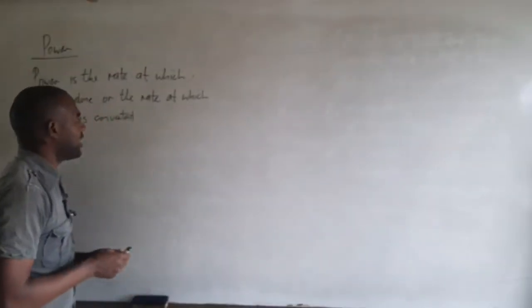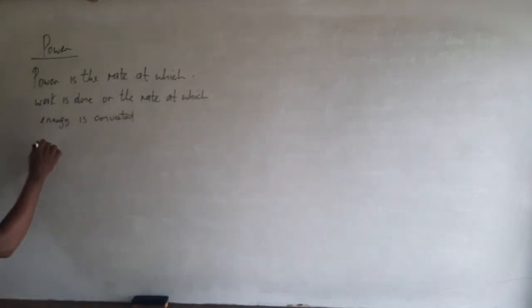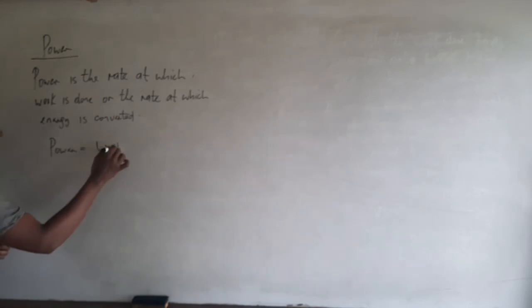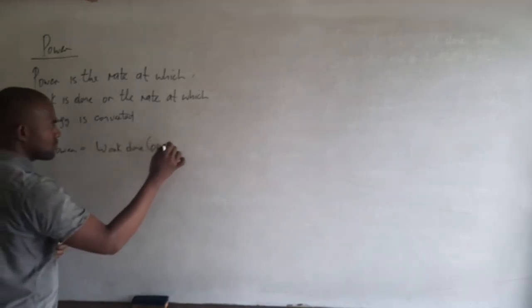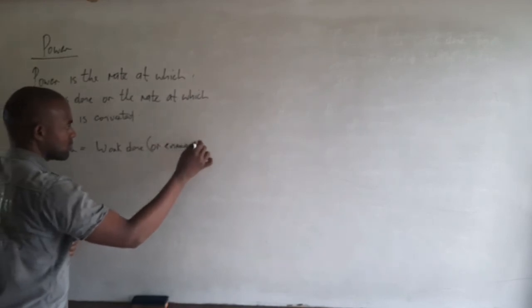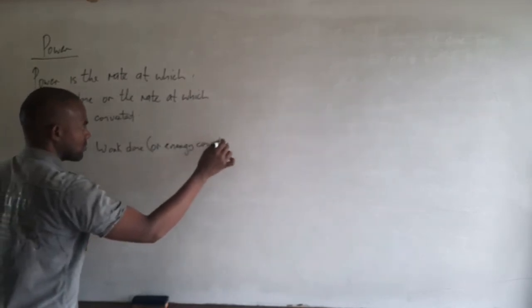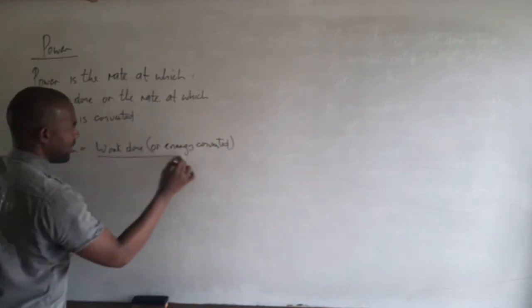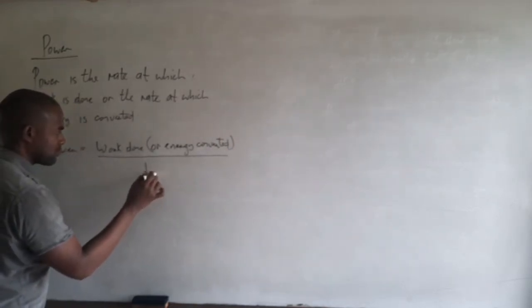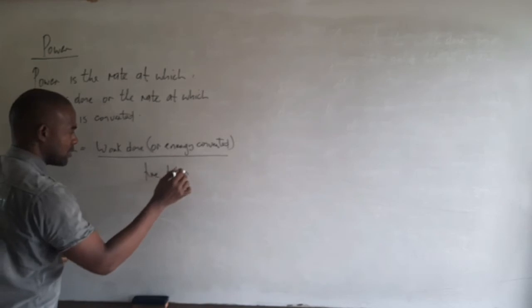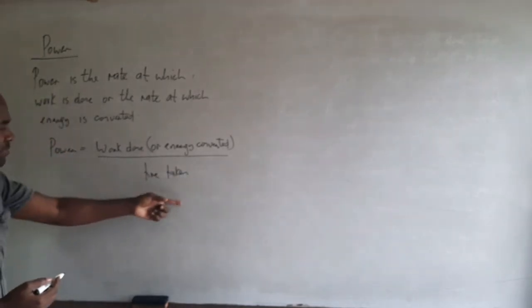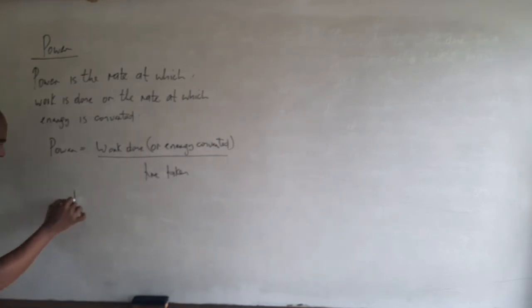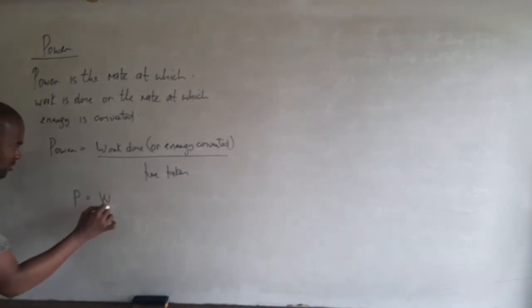So the formula for calculating power is: power is equal to work done or energy converted divided by time taken, and using the symbols we can say that power is equal to W over t.